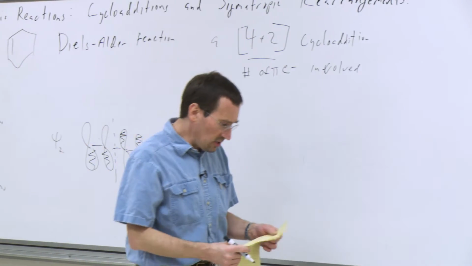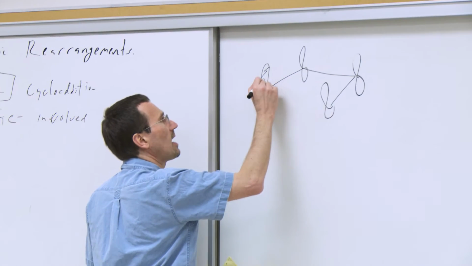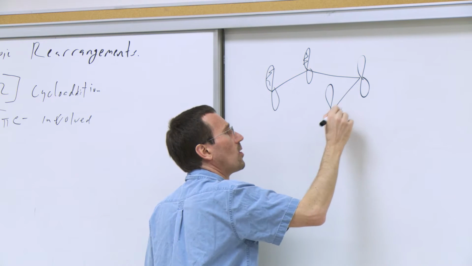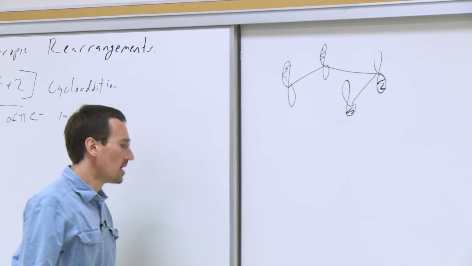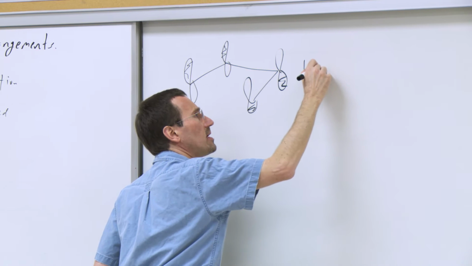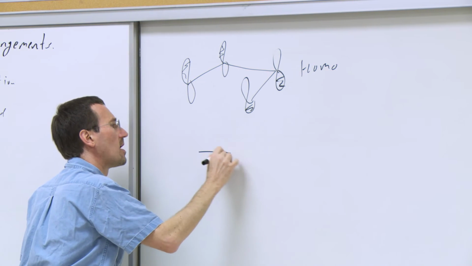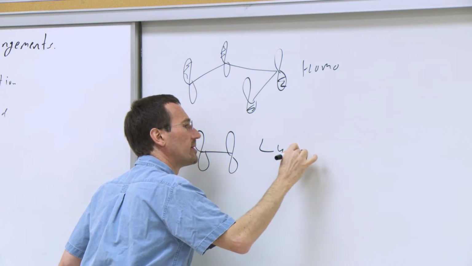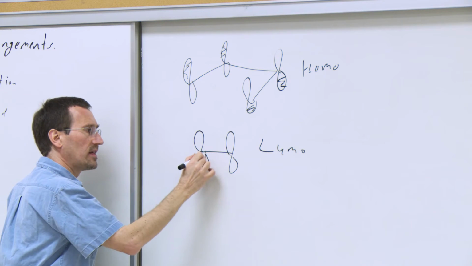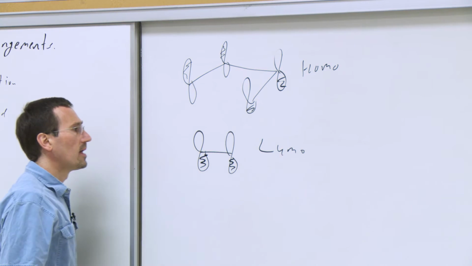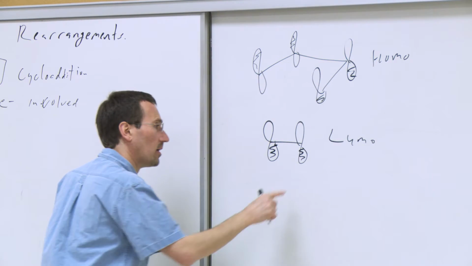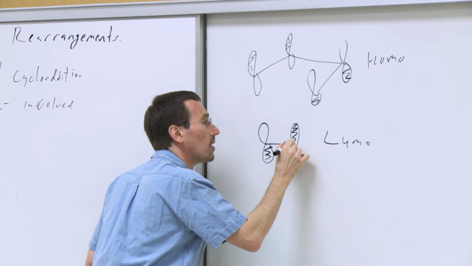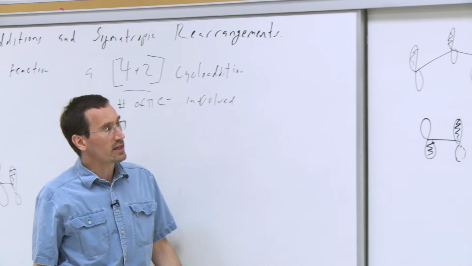So we can use these orbital coefficients to help us see how we can combine our orbitals to form the new orbitals of the product. So here's our HOMO of the butadiene. We'll look at the LUMO of the dienophile, the LUMO of ethylene. That's just a pi orbital. And we will see, whoops, the LUMO, not the HOMO, the LUMO of ethylene.